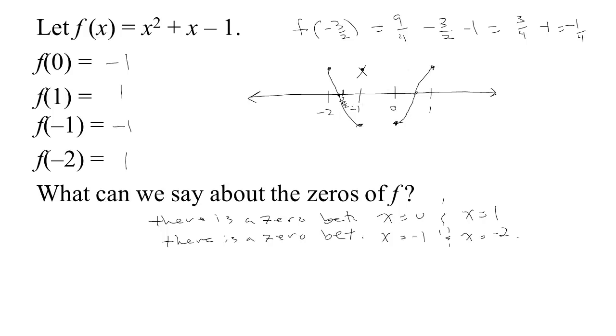So we just found that at negative 3/2 the function is below the x-axis, and therefore we could narrow it down a little bit more. We know that there has to be a 0 between negative 3/2 and negative 2, because at negative 3/2 it's below the x-axis, but at negative 2, it's above the x-axis, and it's a continuous function, so it must cross somewhere in between. So we could actually hunt those zeros down in that way.